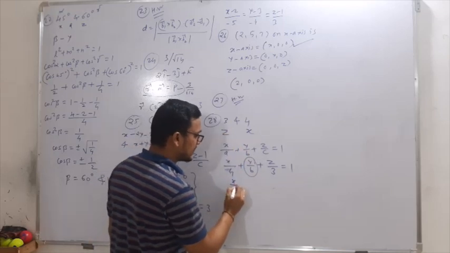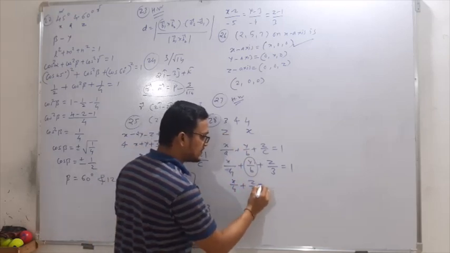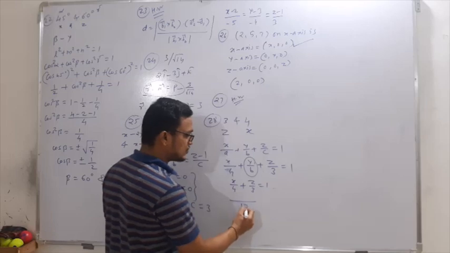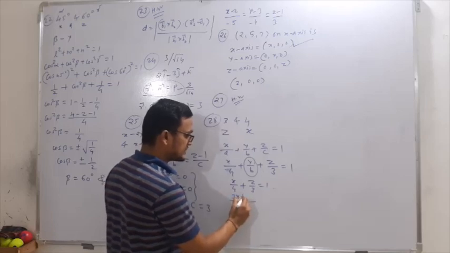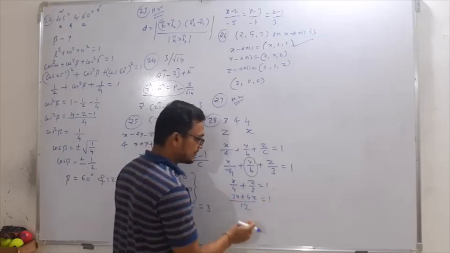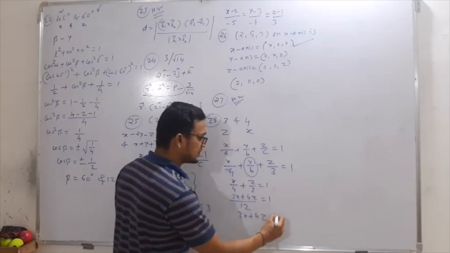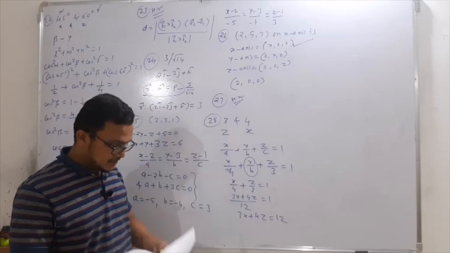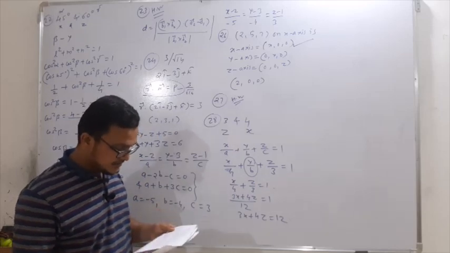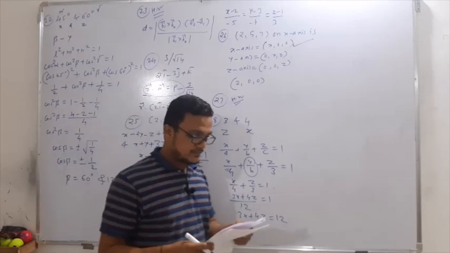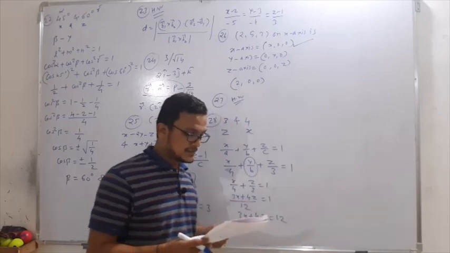Then what is left? X by 4 plus z by 3 is equal to 1. LCM is 12, so it is 3x plus 4z is equal to 12. I think option first is correct in this.